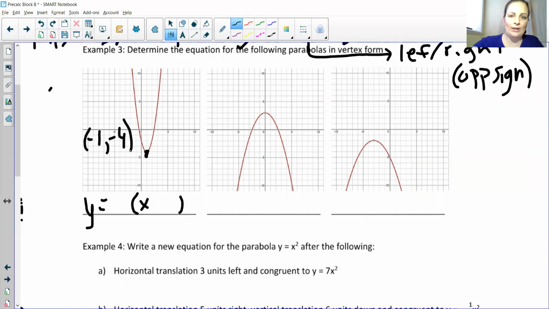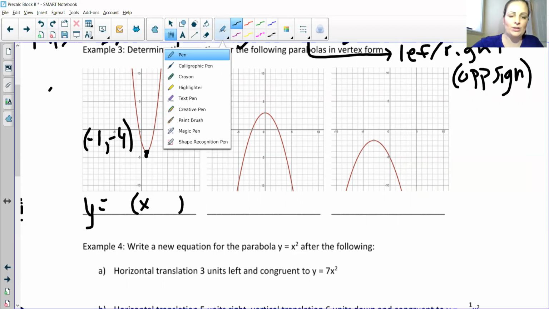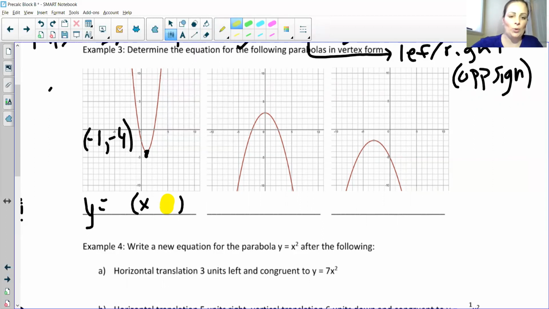So remember what we put in the P position and the Q position have to do with what our vertex values are. Okay, so we get our Q value by what the y part of our vertex is. So it's -4. We don't have to change anything about that.